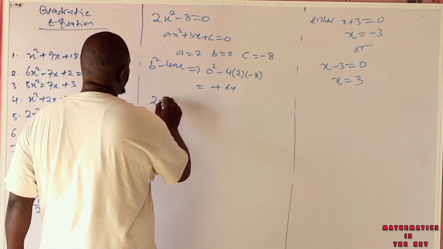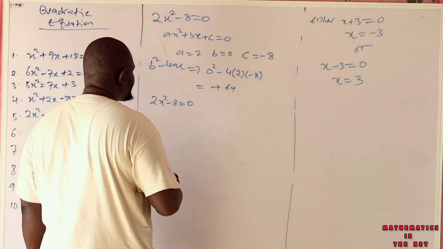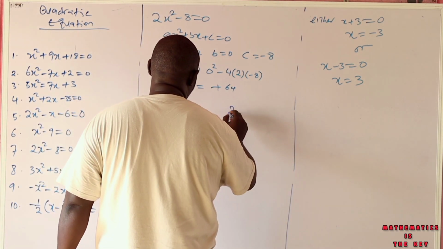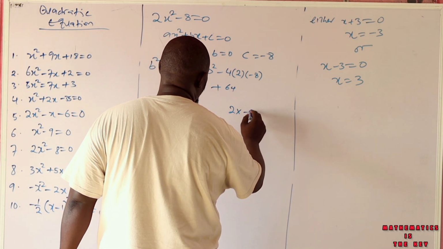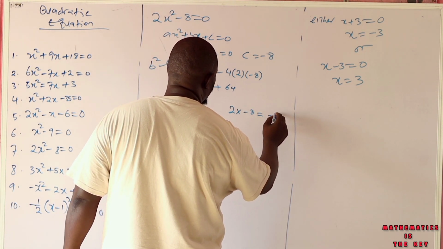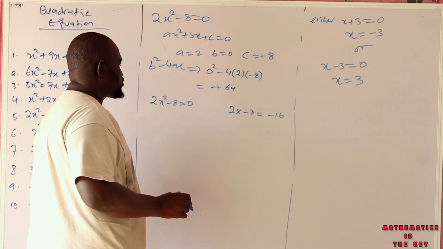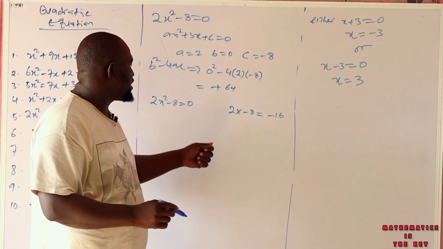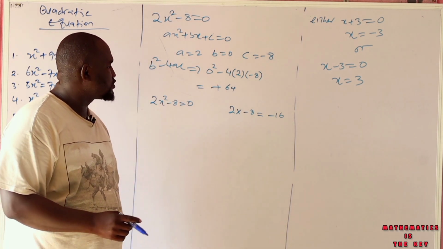So we have 2x squared minus 8 is equal to 0. Multiply the coefficient of x squared with the constant term, which is 2 by minus 8. That should give us minus 16. So two numbers to multiply to give us minus 16 and add them to give us 0, as b is equal to 0.